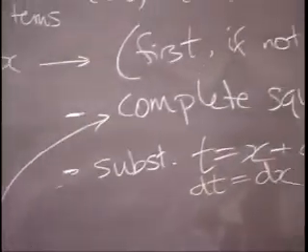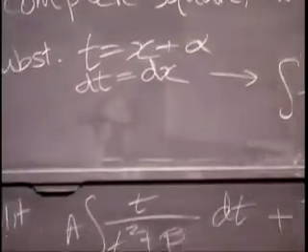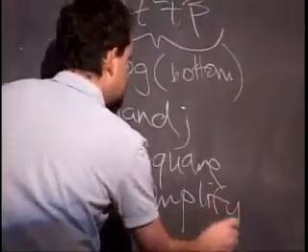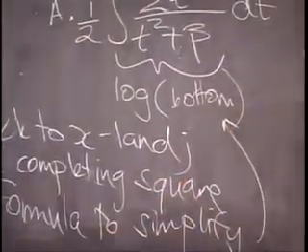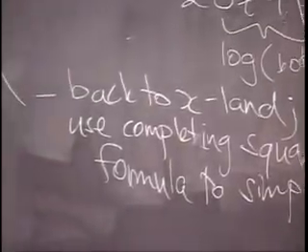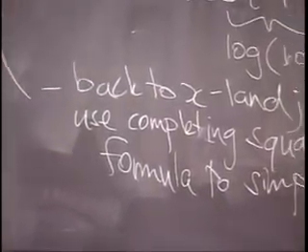So look back up there and use the completing the square formula to help simplify log, if there is. So it's to simplify this first term. That, in gory detail, is the method.